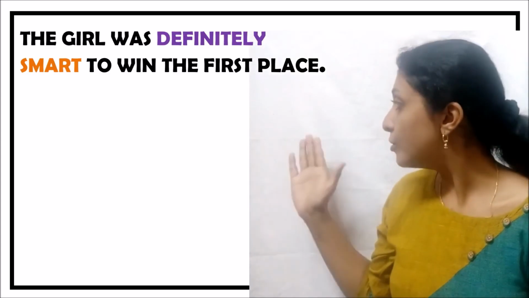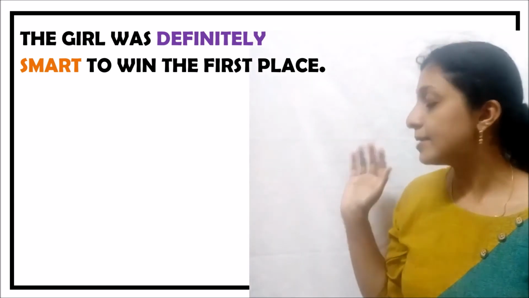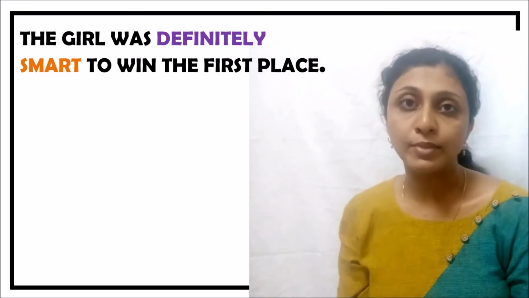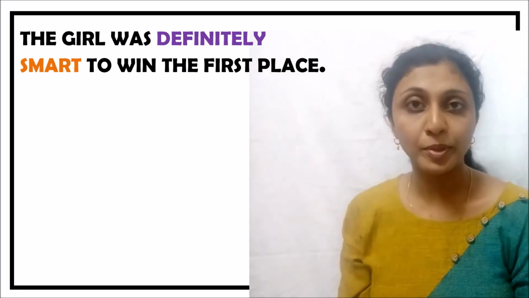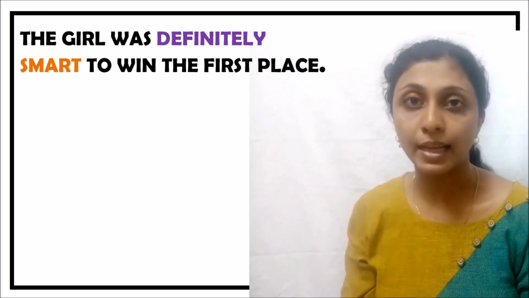Now that we have completed discussing all the properties of adverbs, let's take a look at this particular sentence and let us identify all these properties here. The girl was definitely smart to win the first place. So what is the first property that we discussed? The first property that we discussed is that adverbs mostly end in ly.